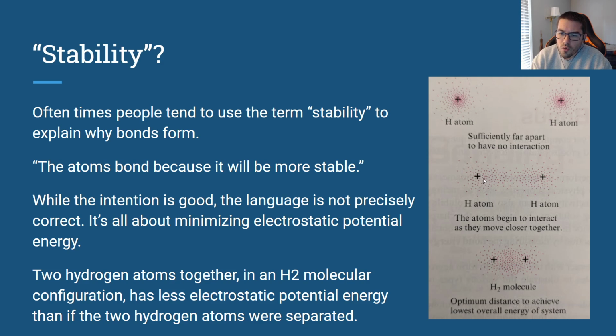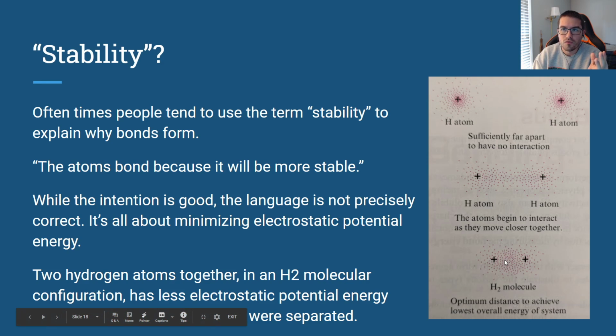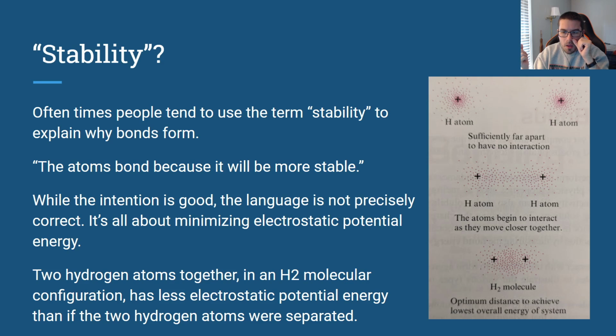So when you get 2 hydrogen atoms together, by sharing the negative charge density, what they are essentially doing is, and this is the hard part to convey, they're lowering their overall electrostatic potential energy by being close to each other and allowing the negative charge of the electrons to feel the attractive force of both nuclei. And that's what the bond is.